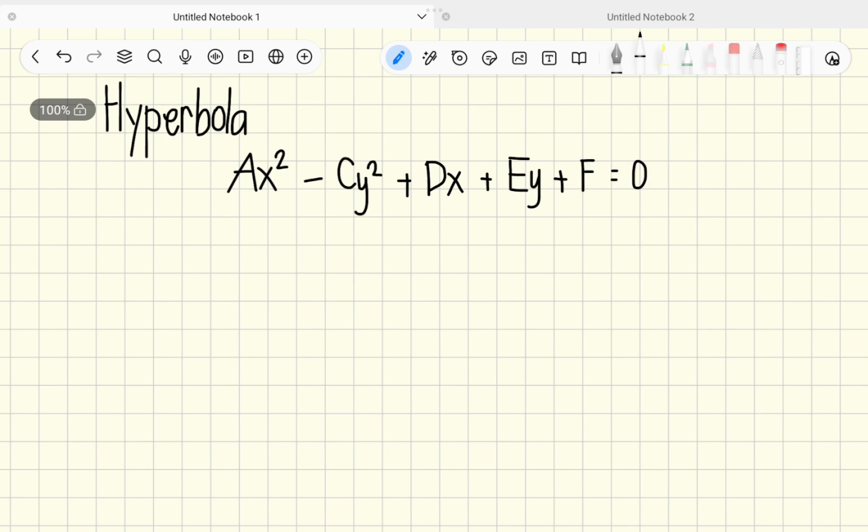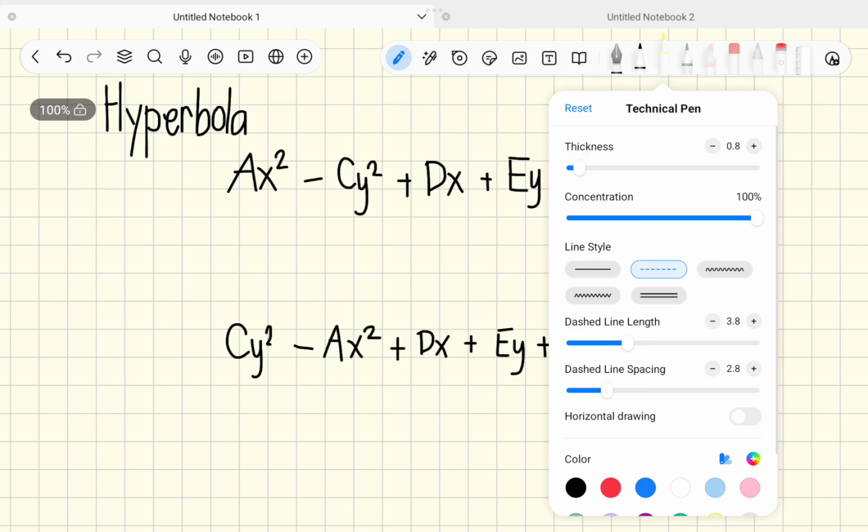And then we have the other one, cy squared. When c is positive, a is negative: cy squared minus ax squared plus dx plus ey plus f equals 0. These are the general forms.